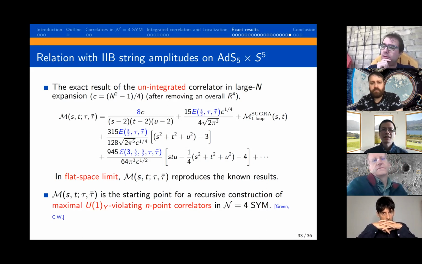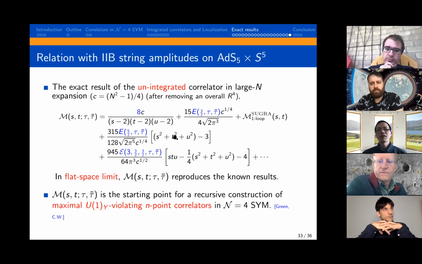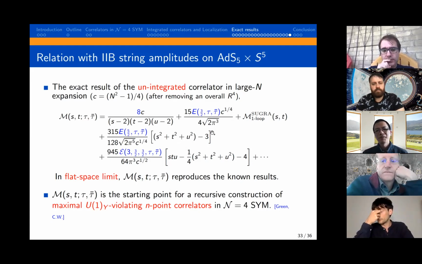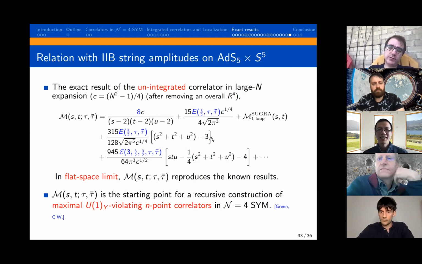Not necessarily. Just from simple modular invariance, I could put the E 3/2 here, but naively these two don't have it. So the 3 could be E 3/2, for example, right? Yeah, exactly. I see. It's not obvious why it has to be like that, but probably that's the reason.